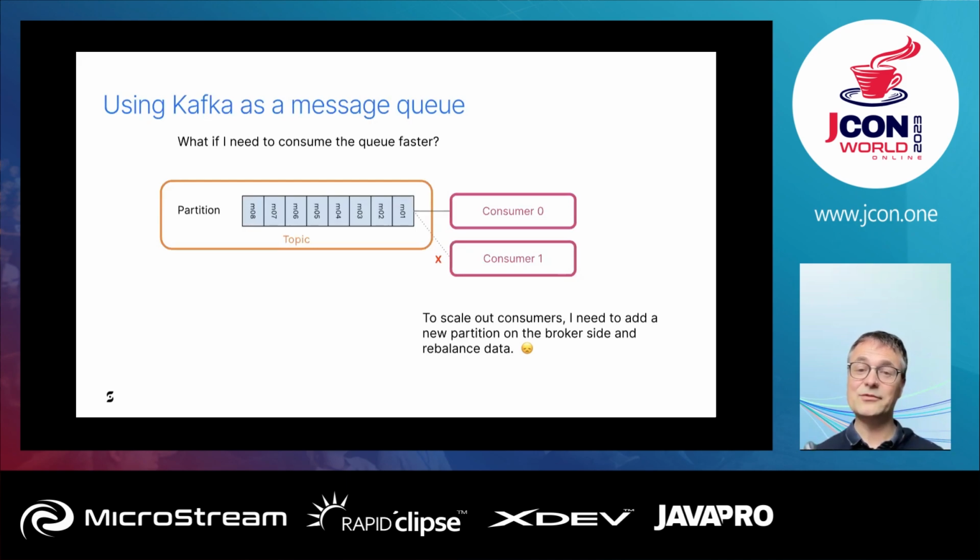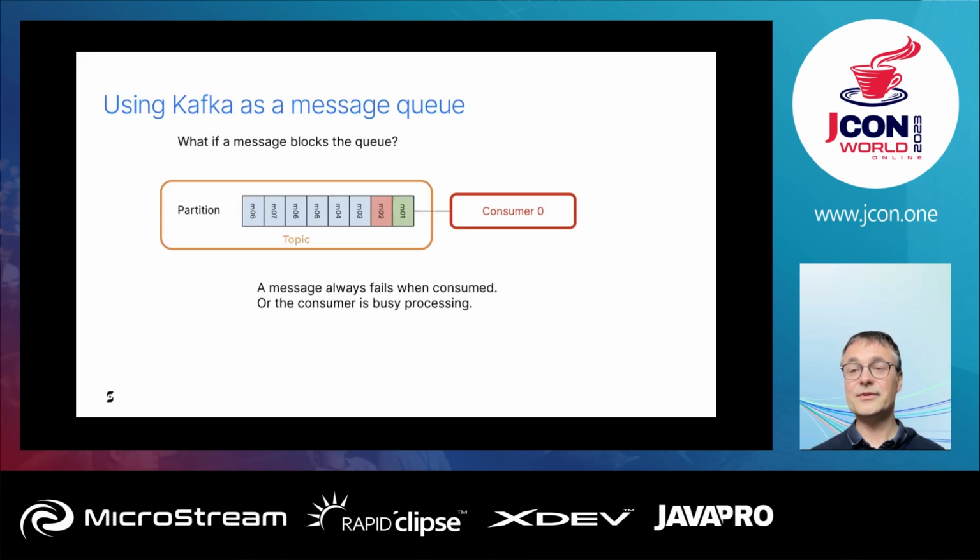Every time you need to add a new active consumer, you have to perform an operation on the broker side, creating a new partition, and you also perform a rebalance of the data across the newly created partitions. This can be heavy, and this can lead to performance loss or even downtime, and this is why new partitions in Kafka need to be anticipated and planned carefully. But Pulsar doesn't have this issue.